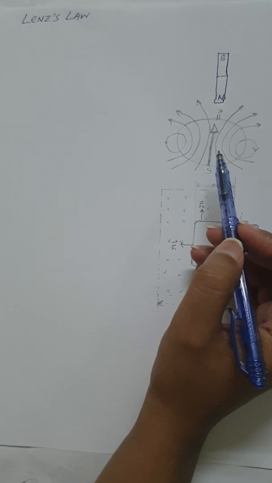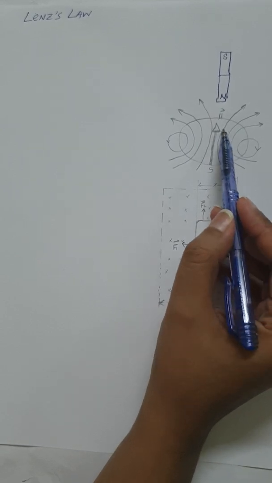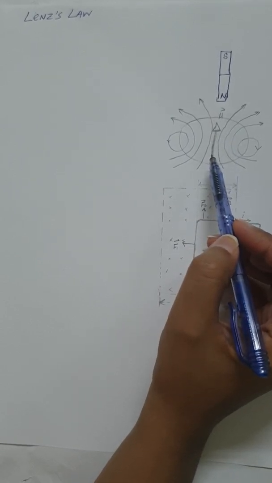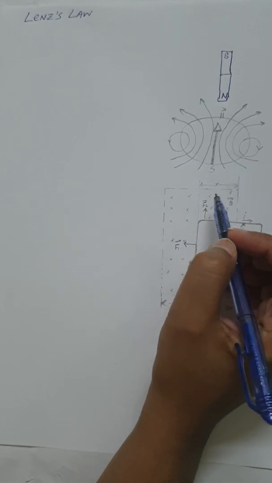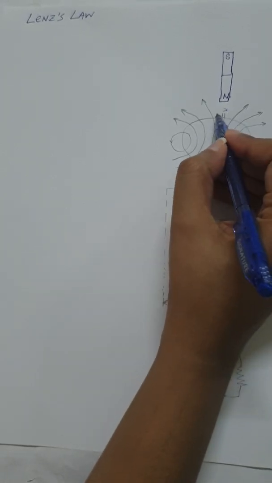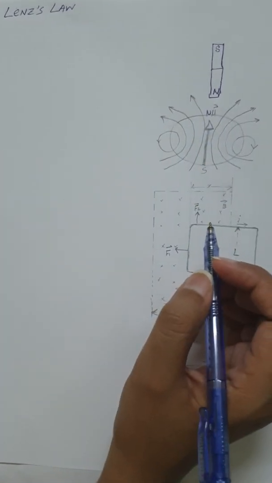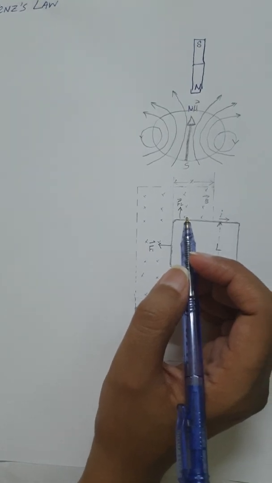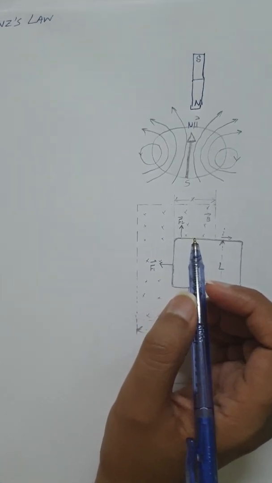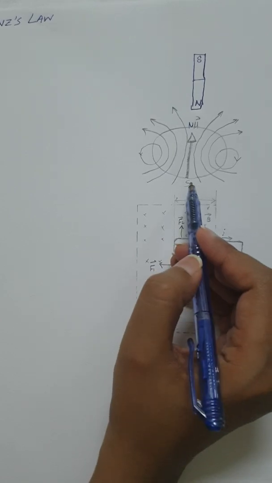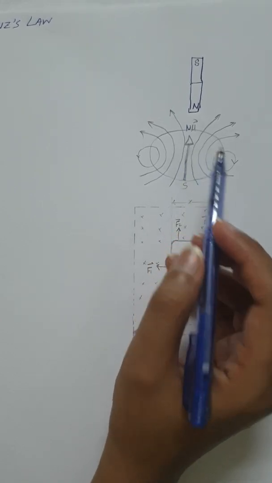In such a case, the loop also acts as a magnetic dipole with a south and a north pole, and its dipole moment is directed from south to north.